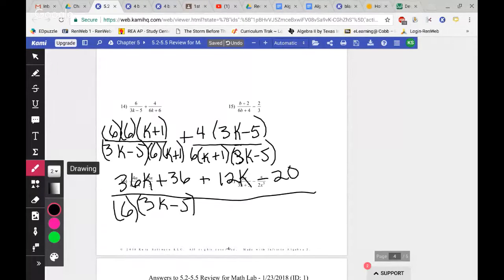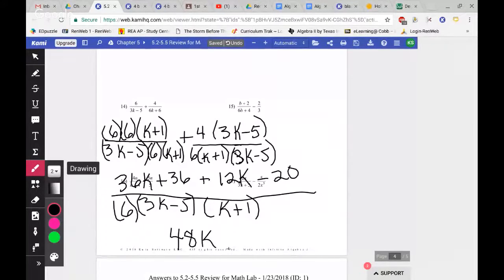Try and clean it up a little bit. Now I'm going to combine like terms. I've got a 36k here and a positive 12k here, so that's going to be 48k.